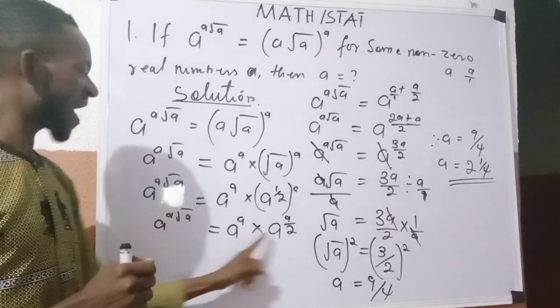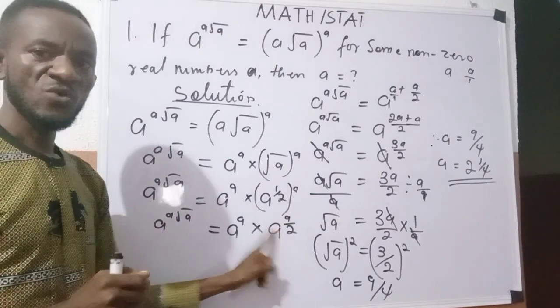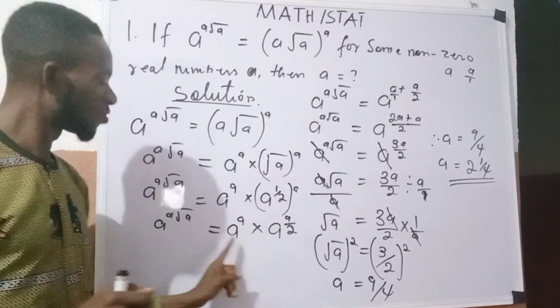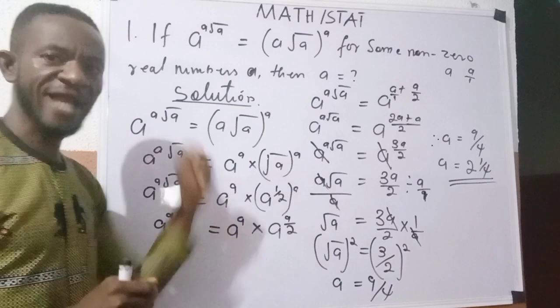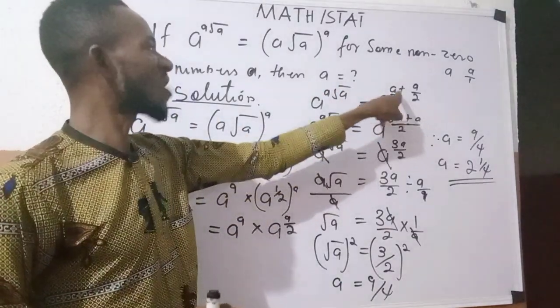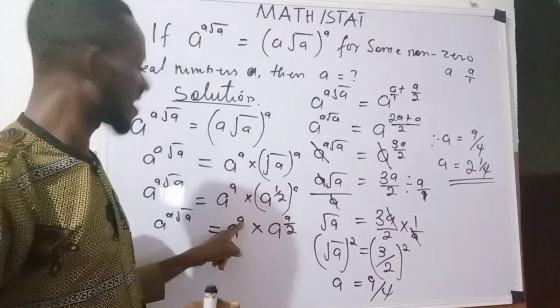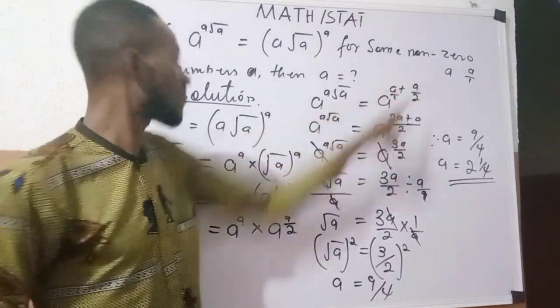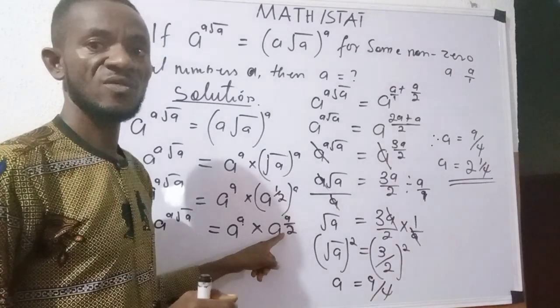Now, here is A and here is A. In indices, when the bases are the same with a multiplication sign in between, you take one of the bases and add up the powers. That's exactly what I did here. So it becomes A over 1, because A and A over 1 are the same thing, then plus A over 2.